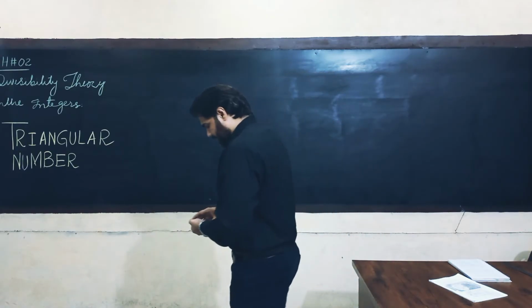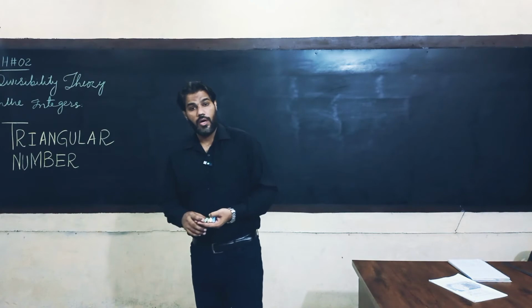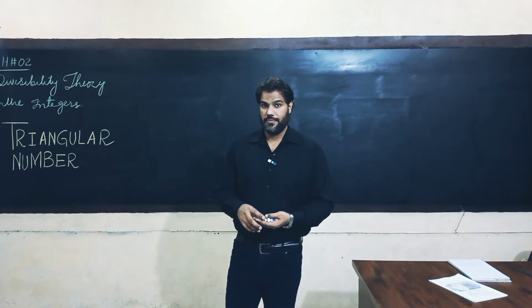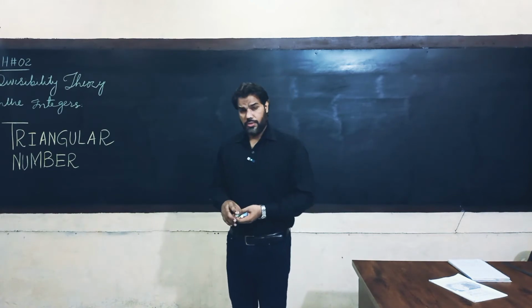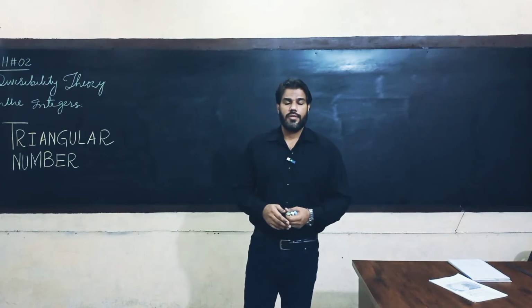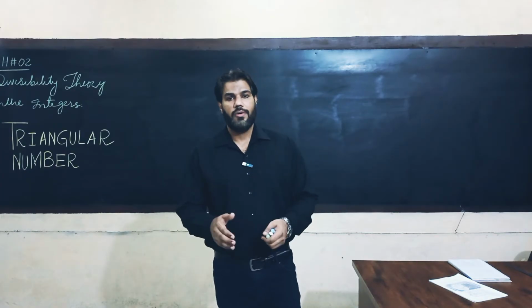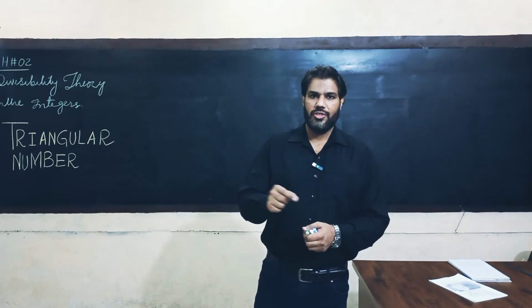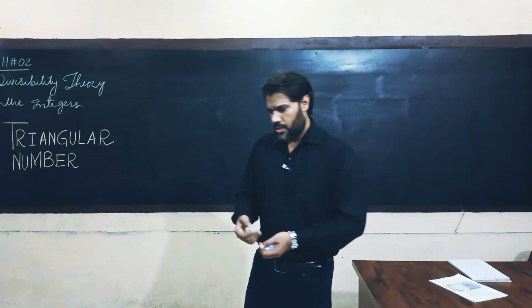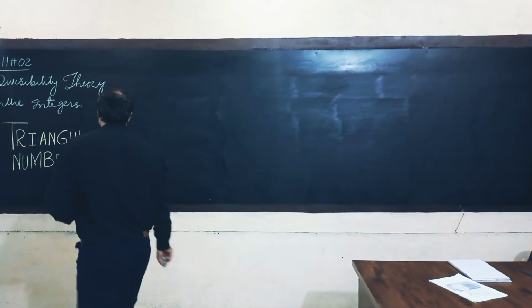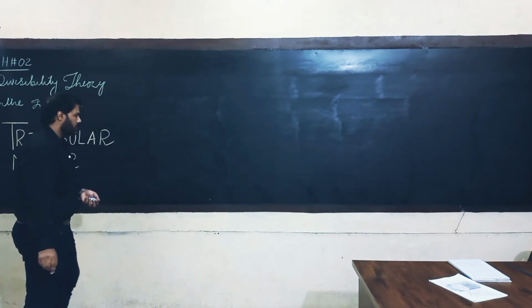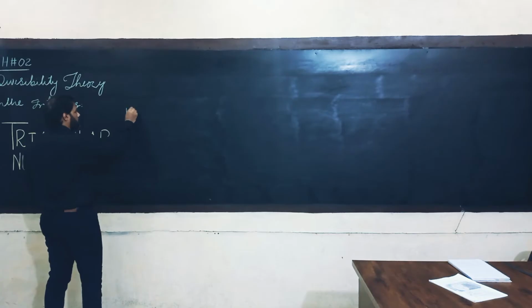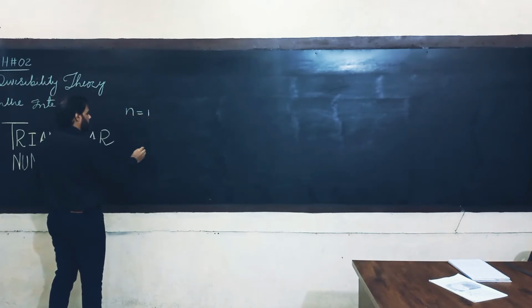So let us discuss how we can define the triangular number. Actually, a triangular number is a number that forms an equilateral triangle by arranging dots. For example, we start from n equal to 1. n equal to 1 means there is a single dot here.